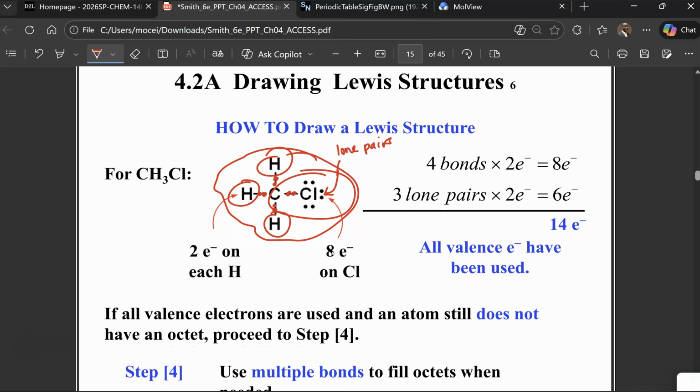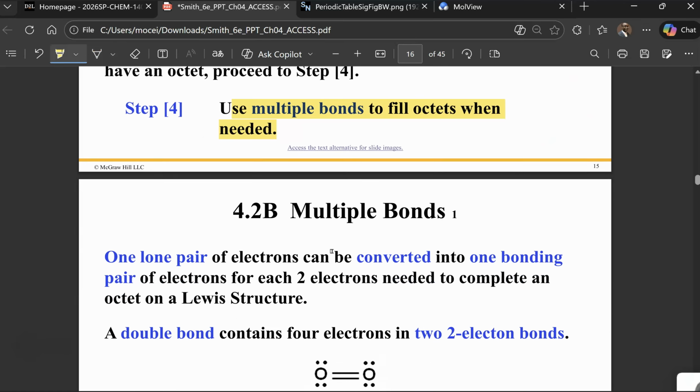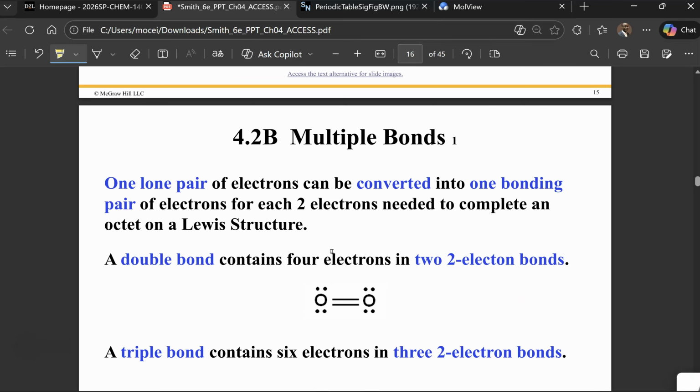And we've accounted for all the 14 electrons. If you count all those dots, there will be 14. If needed, we would have drawn multiple bonds, and that would be by sharing. An example will be the process of getting the Lewis structure of oxygen. Let me show you that.